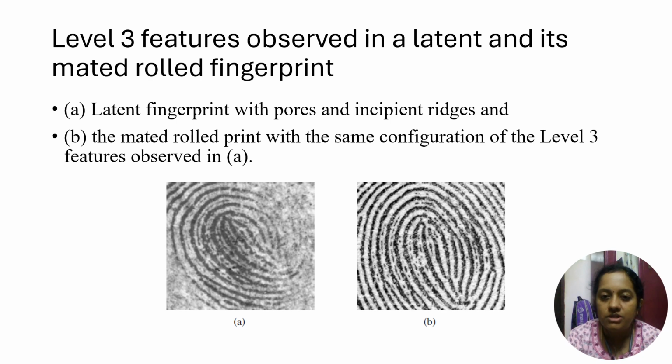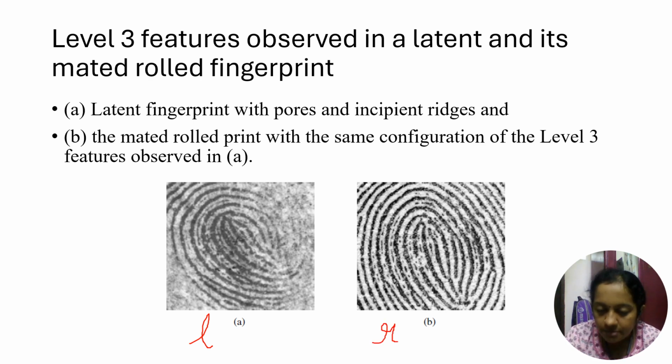Level 3 features are observed in a latent and a matted rolled fingerprint. Now the latent fingerprint, as we discussed earlier, is a partial fingerprint which will not have much detail in it. The matted rolled fingerprint is seen as B. Over here this is latent, this is rolled.